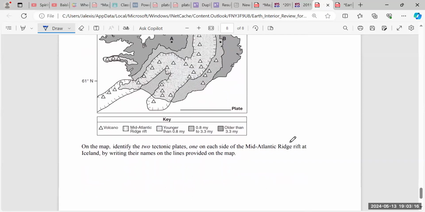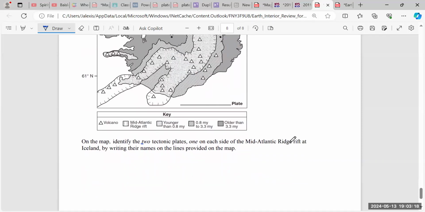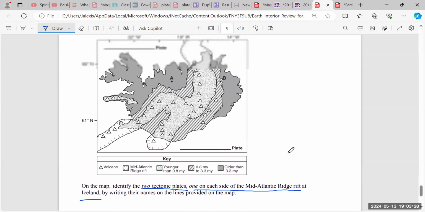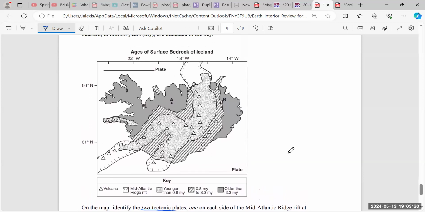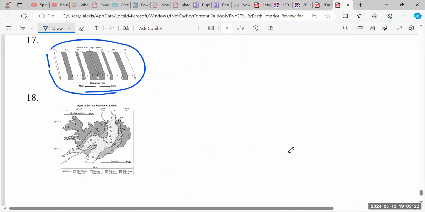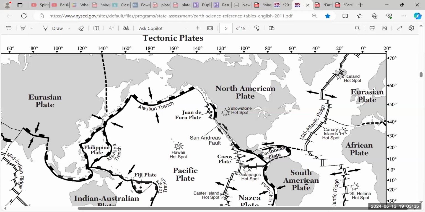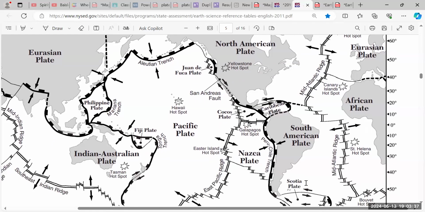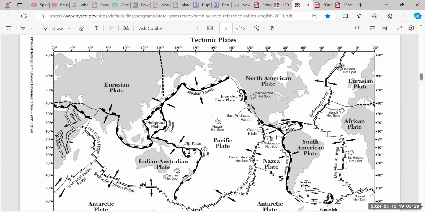All right. On the map, identify the two tectonic plates, one on each side of the Mid-Atlantic Ridge rift at Iceland, by writing their names on the lines provided on the map. So first, I know that there is the Mid-Atlantic Ridge.